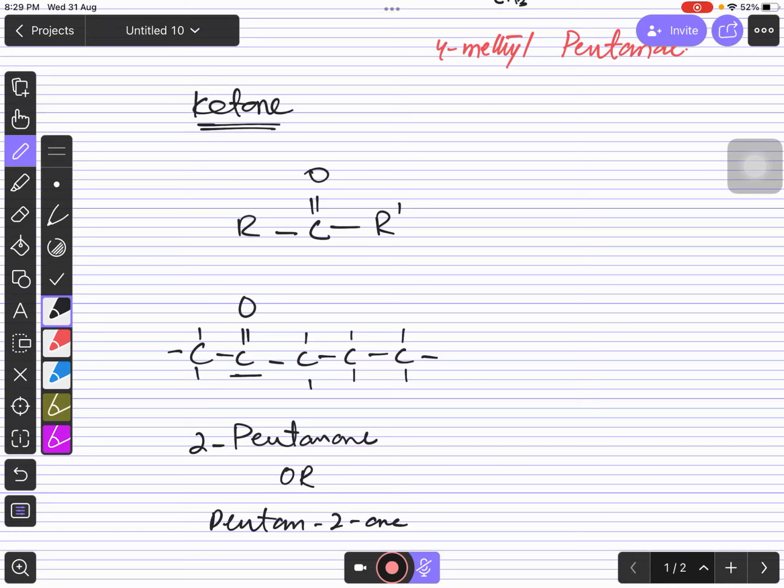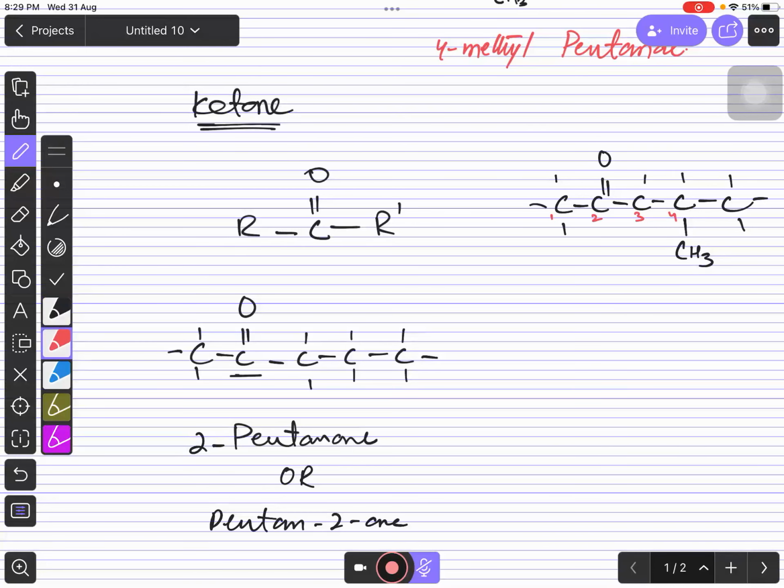Same as this, if you want to write the name of this compound, what is the name of this compound? Again, you can start the numbering from where the functional group is near, right? The preference is of the functional group over here. So it is 1, 2, 3, 4.